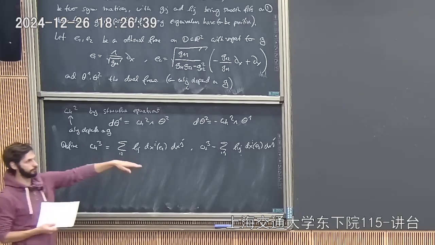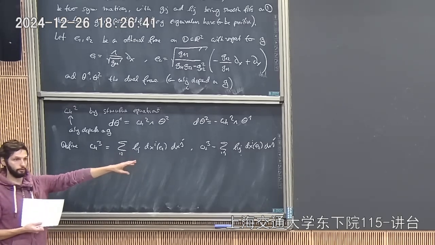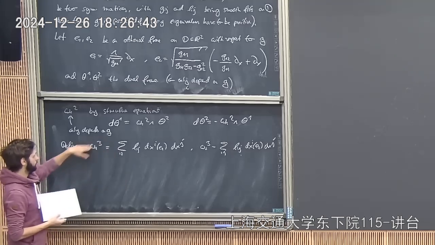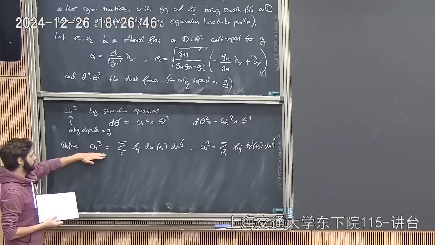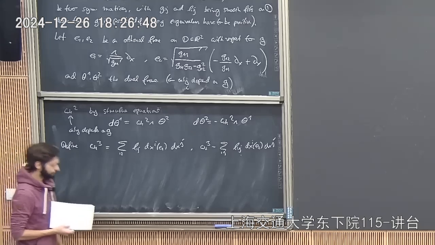But the setup was that we don't have a surface yet. So we pretend that we define these functions, or these connection forms, this way.